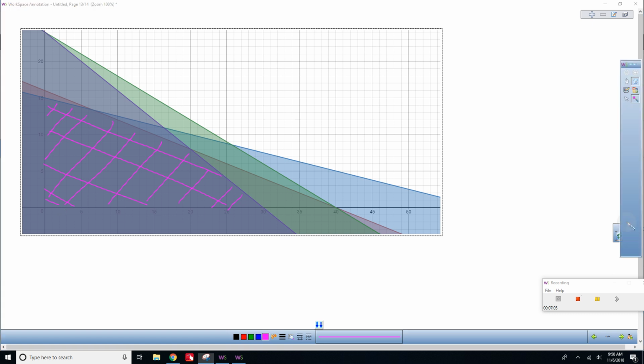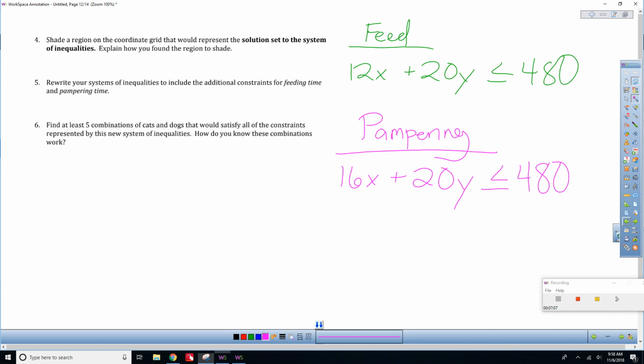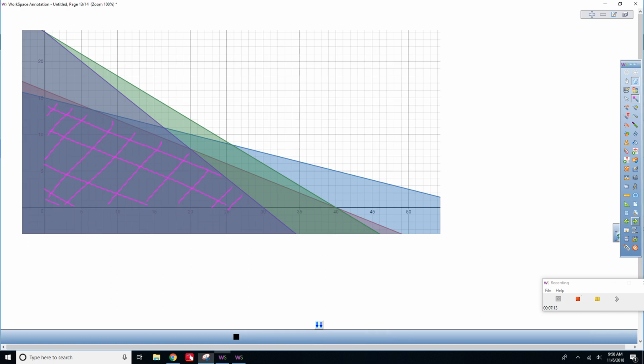All right, let me make sure we've done everything here. Find at least 5 combinations of cats and dogs that would satisfy all of the constraints. So how about 15 cats and 10 dogs? That seems like a fair business plan. How about 25 cats and 3 dogs?